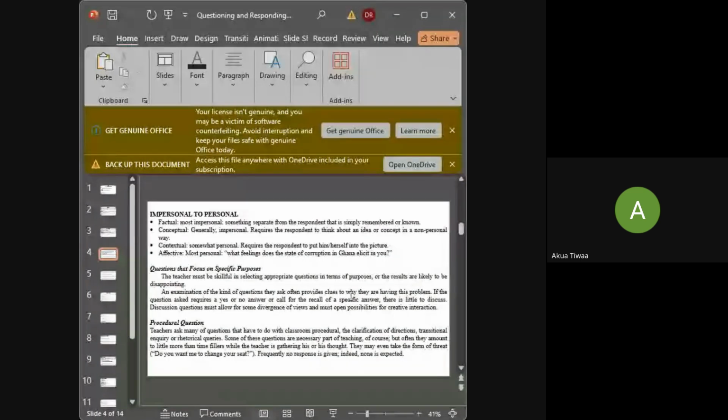He or she is asking why sole proprietors do this, or fail to do that. Then we have contextual, context. This one is somehow personal, and it requires the respondent to put himself or herself in the picture.